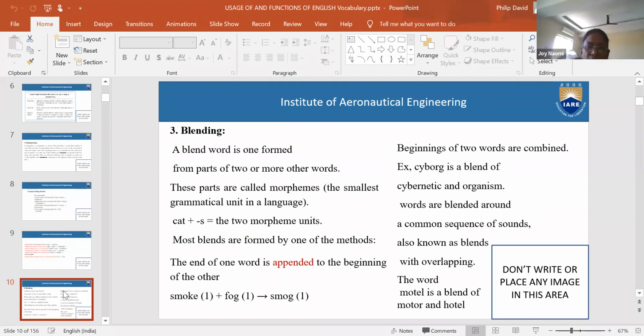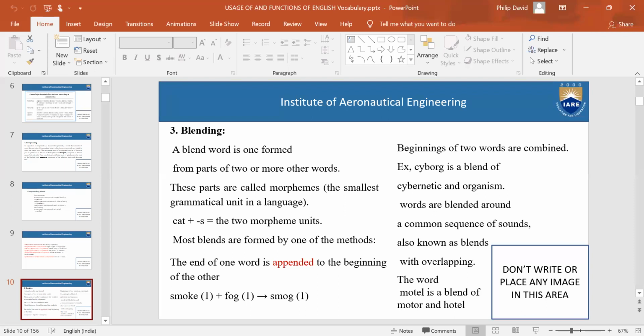So we have seen two ways of forming new words. The first is affixes, then compounding, and the next one is blending. A blend word is one formed from parts of two or more other words. These parts are called morphemes, the smallest grammatical units in a language.